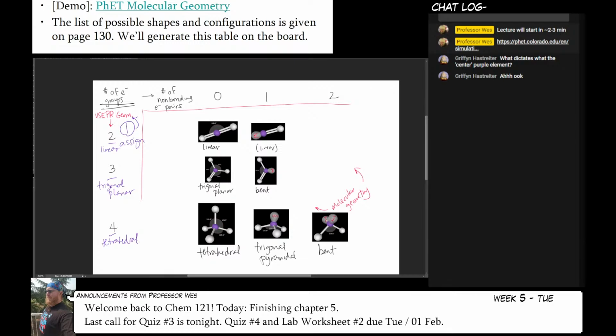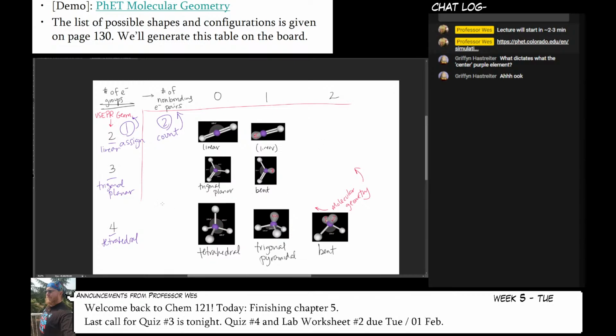And then you're going to count the number of non-bonding electron pairs around the central atom. It will be 0, 1, or 2, in which case you will determine which member of that family you are. So the VSEPR geometry is the family. The number of non-bonding electron pairs determines which member of the family it is.